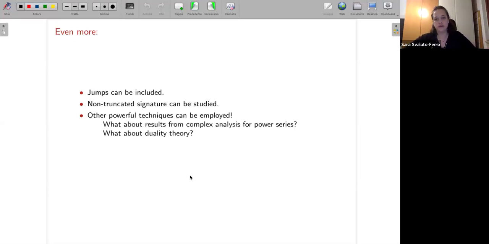Approximation-wise, you need to be careful because polynomials, so moments in the jumps, do not go to zero quickly. Like the Brownian motion, the kth moment of the Brownian motion goes to zero quicker than the first moment. So the higher is k, the quicker it goes to zero. For a Poisson process, it's not like this.